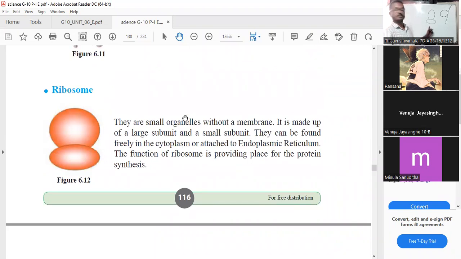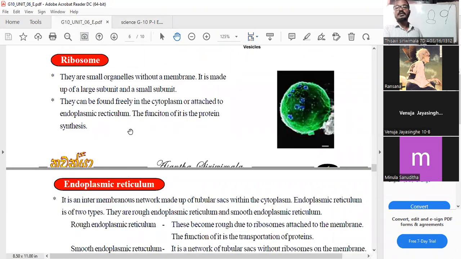Latest diagram. Right. So first you can draw the two diagrams, then we'll discuss it.